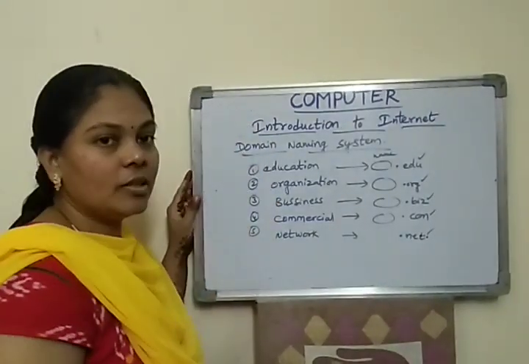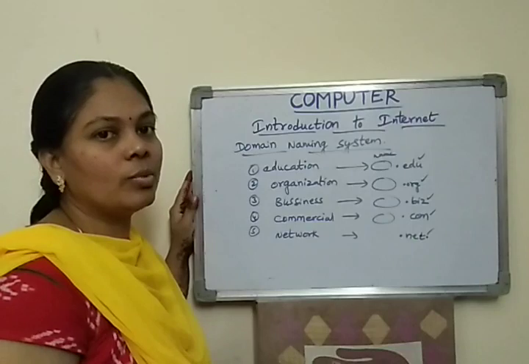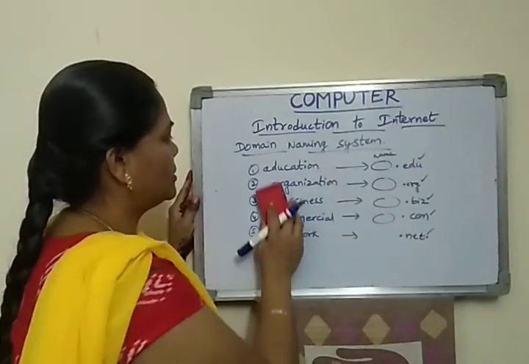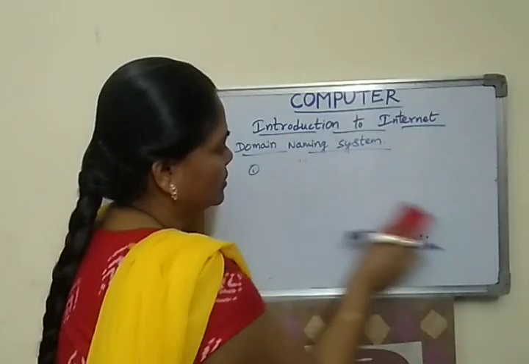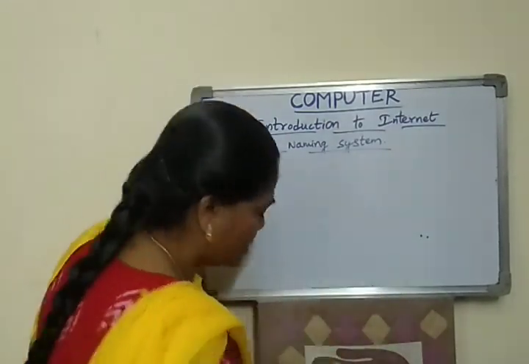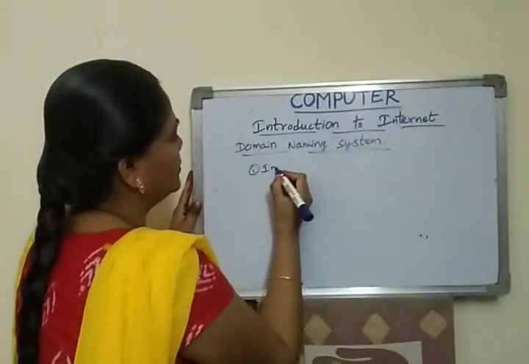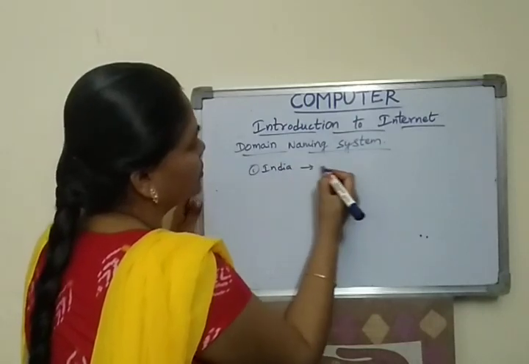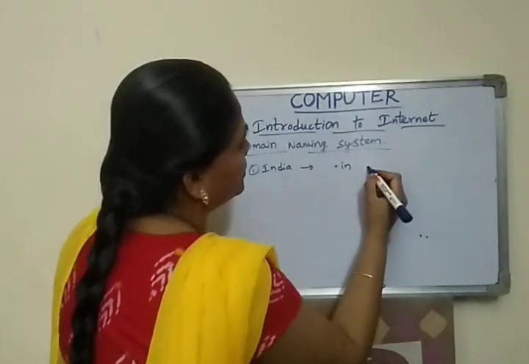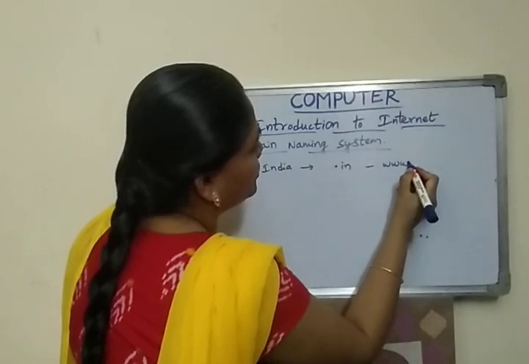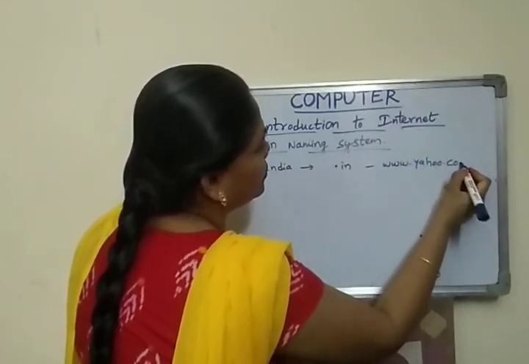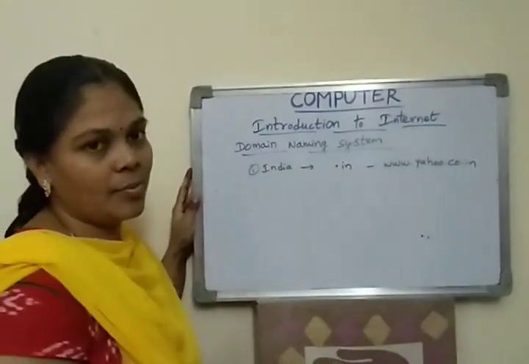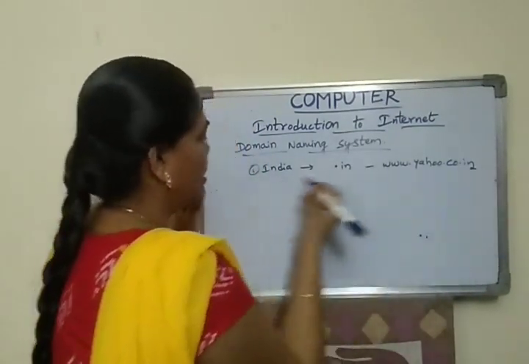It also uses country names to provide the domain naming system. What are those? We will learn now. Suppose it is India. For India, it gives .in. Example, www.yahoo.co.in, so it is used in India.